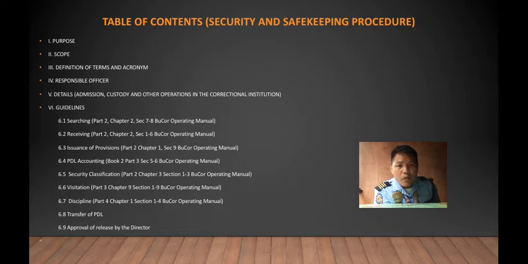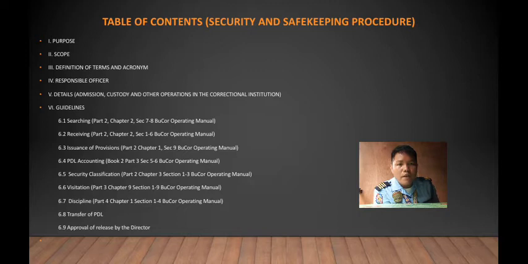Then 6.4, PDL accounting, book 2, part 3, section 5 to 6, BUCOR operating manual. Then 6.5, security classification, part 2, chapter 3, section 1 to 3, BUCOR operating manual.